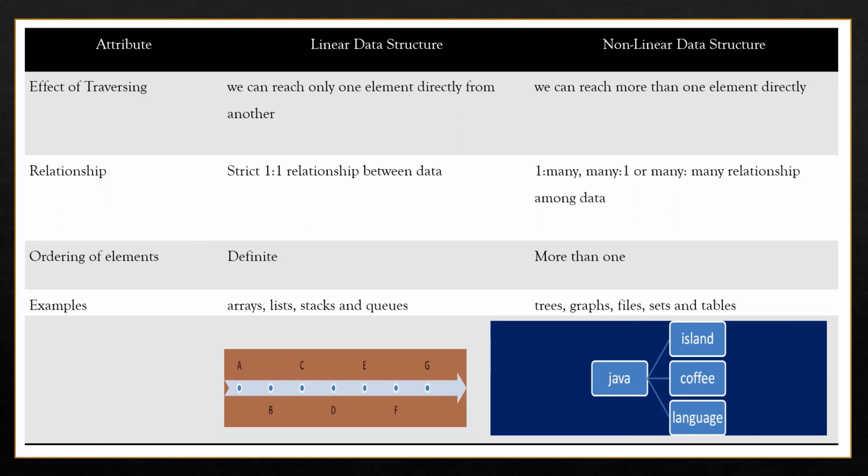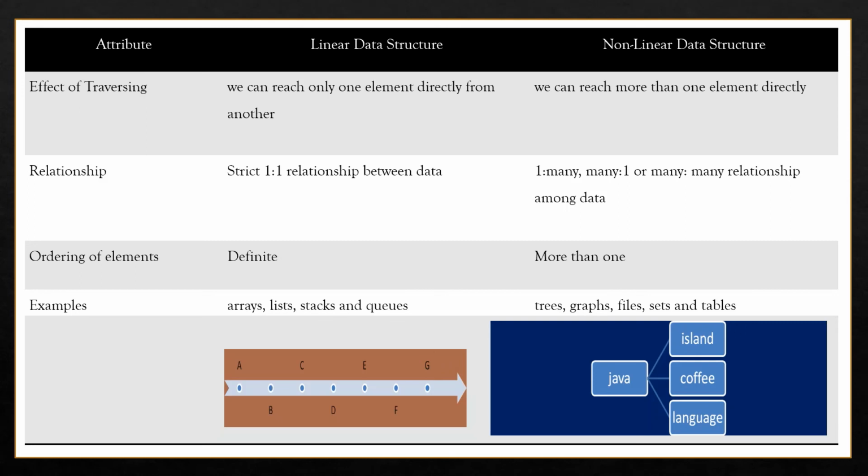What data comes after Java? Island, coffee, or language? Here there is an ambiguity or unsureness whether island is after Java, or coffee can be said to be after Java, or language is after Java. In other words, I can reach more than one element from Java.